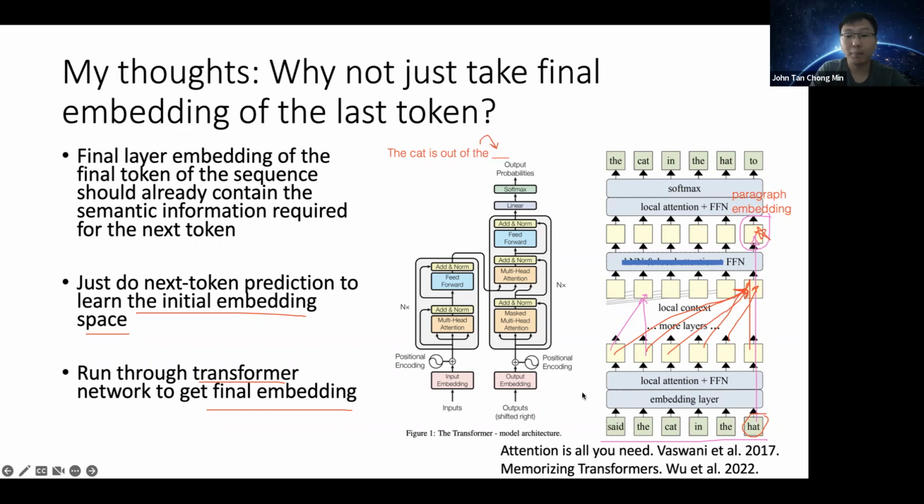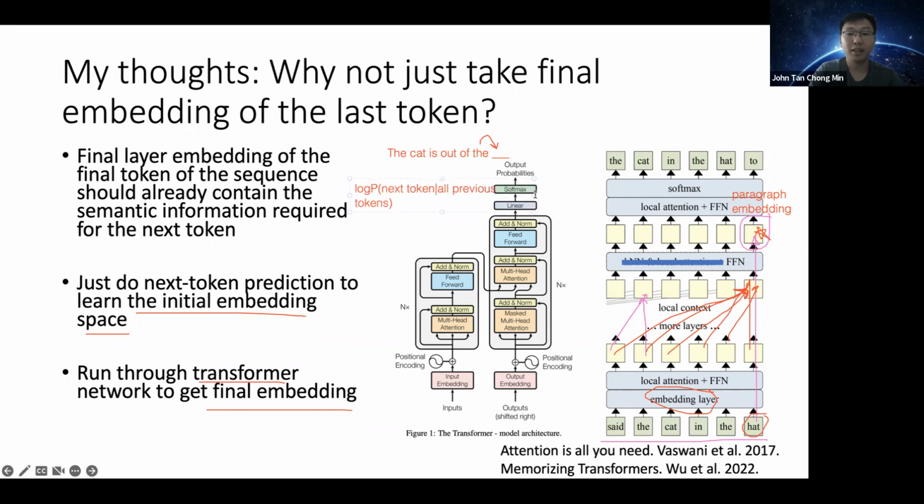Initially, what will happen is your embedding layer here will be learned by back propagation, because you want to maximize the next token prediction, which is to maximize this objective: the prediction of the next token given all previous tokens. This is the probability that we are maximizing, and most commonly we use a log.